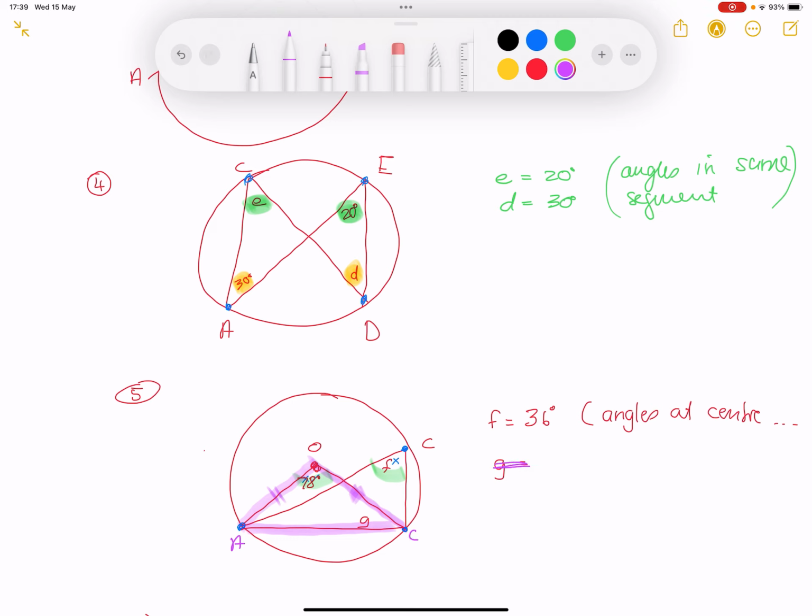So we will say OA is equal to OB because it's the radii of the circle. So, ma'am, this is B. B. Okay, sorry, Michael. All right.